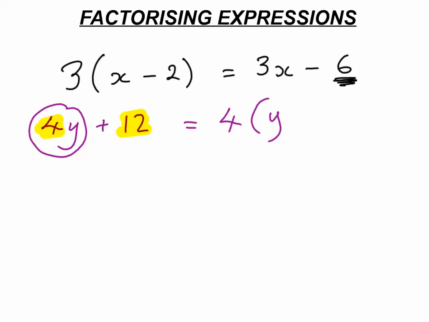I can now see a plus sign, so I put a plus sign in my answer, and then finally I can see 12. 4 times what makes 12? Then that must be 3. I've now factorised the expression.